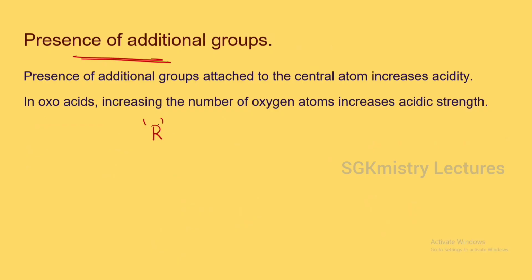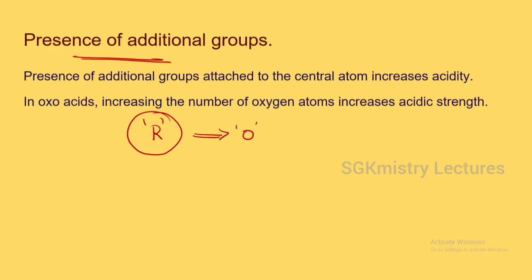Whenever these additional groups are present, the relative acidity increases with the increase in the oxygen number. If I take these additional groups as oxygen and the number of oxygen atoms increases in the molecule, then the acidic character is also going to increase.